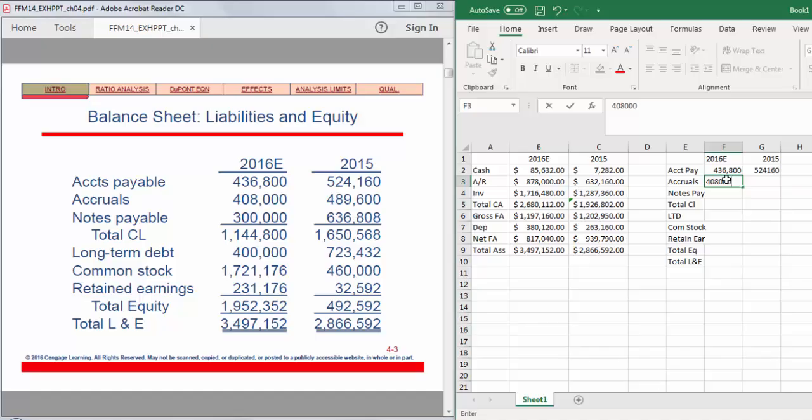Could be leases, rent, and so forth is accrued. So total current liabilities is going to be a combination of these three items, and this is expected to go down, which is a good thing, because these are liabilities. Long-term debt, you can see, is substantially expected to go down.